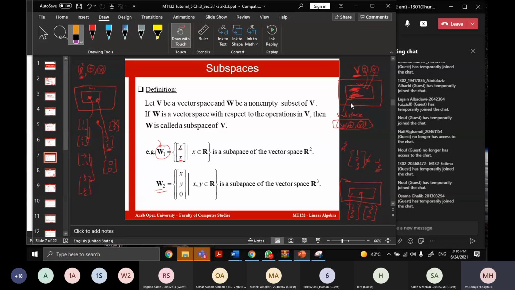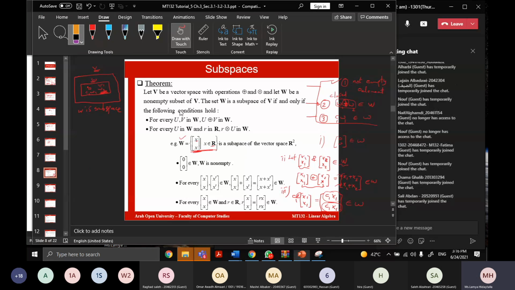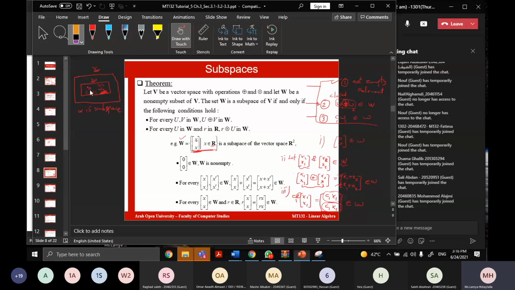What are they? You have to prove that the set is not empty. At least it consists of one element, and that element is the 0 vector. If you added any vector to this vector, then you get the vector itself. So it's not empty. At least it has one element, the 0 element.